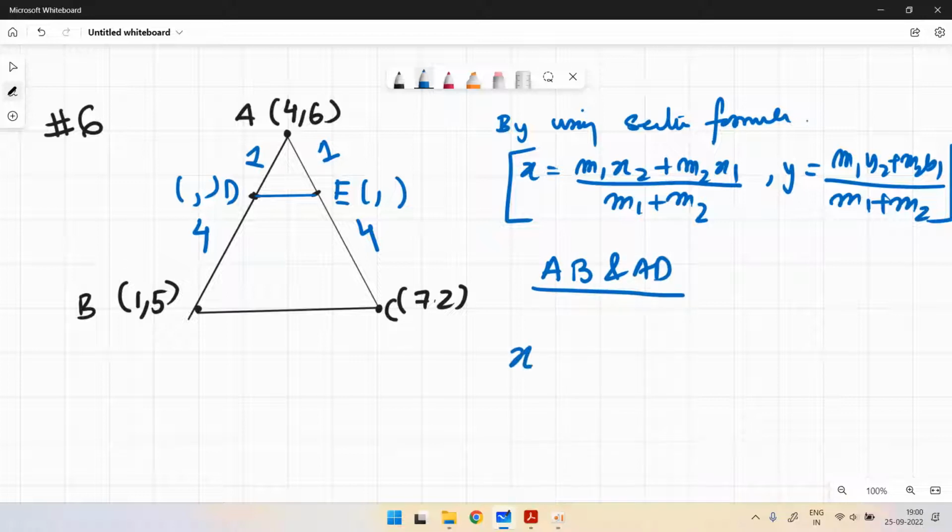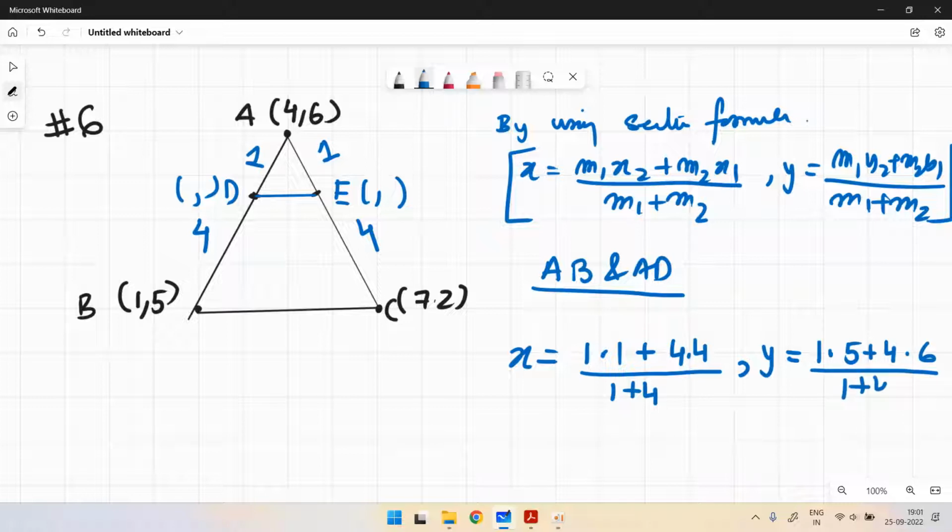So in AB and AD, what is x? x will be m1. m1 is 1, into what is x2? x2 is 1, plus m2 is 4, and x1 is 4, by m1 plus m2. What is y? m1 is 1 and y2 is 5, plus m2 is 4 and y1 is 6, by 1 plus 4.